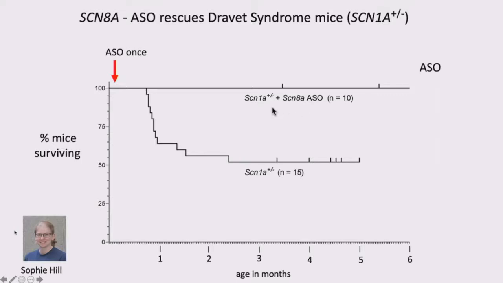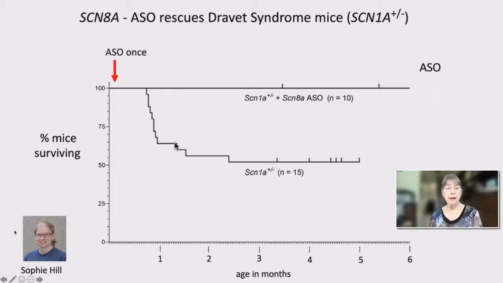So this is what happened to survival. We give this one treatment with the 8A ASO, and the untreated mice have seizure onset at about 1 month, and approximately 50% of the mice are affected, and there's only 50% left by 1 or 2 months.